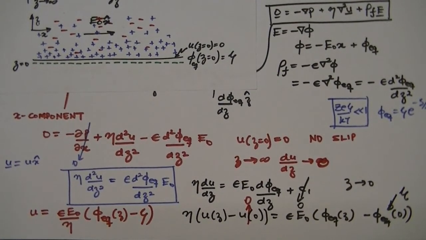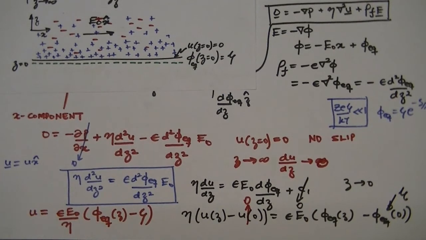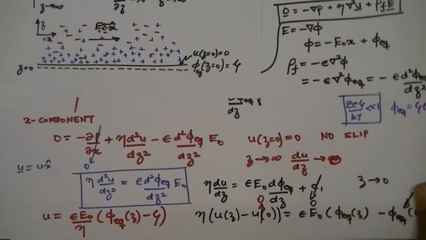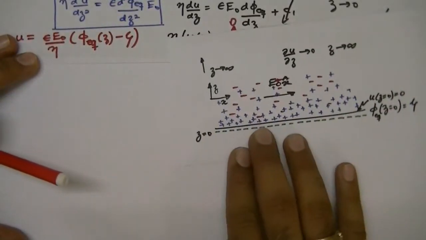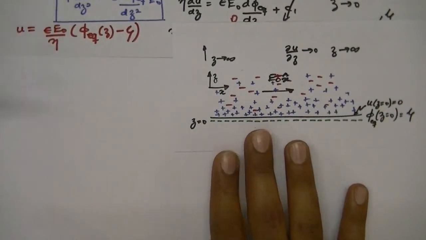So this is the solution for electro-osmotic flow over an infinitely long flat parallel plate with uniform zeta potential.